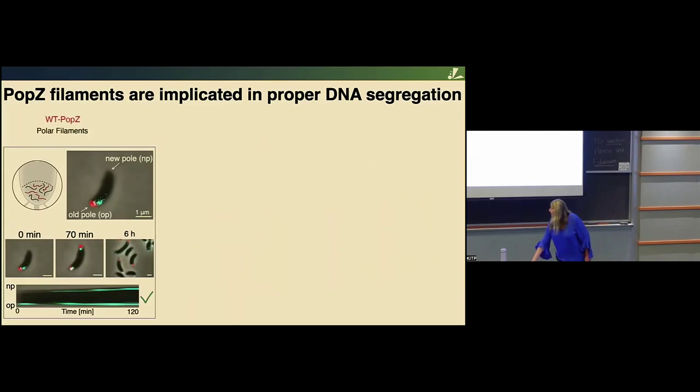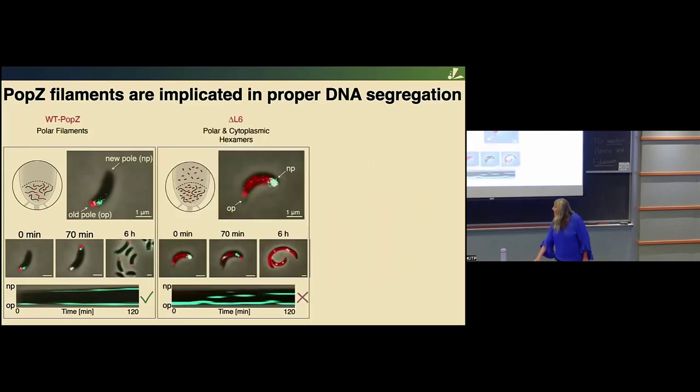Now we do the same, but we can't actually replace POP-Z with the delta 6, as I told you, because the cells are dying. So we did a little bit of overexpression of this delta 6 mutant. When we do that, basically all DNA segregation is gone. PAR-B cannot find its place at the new pole. You can't do DNA segregation with even a little bit of expression of this mutant.